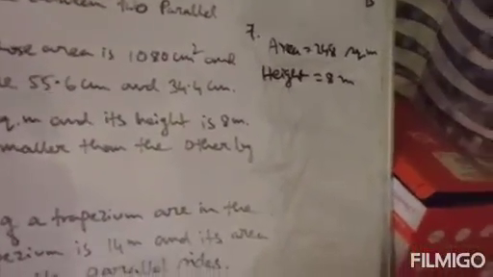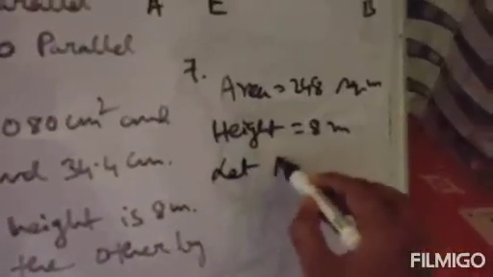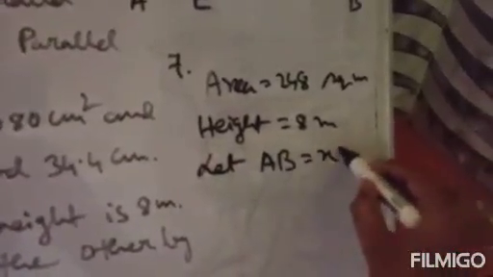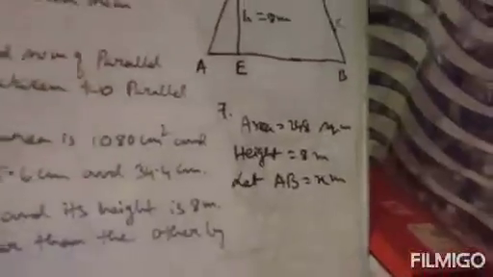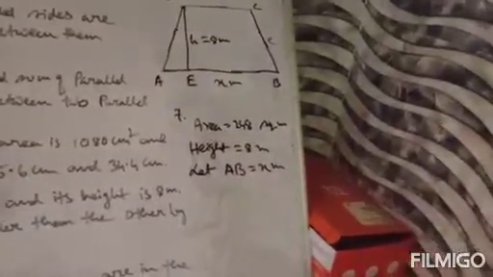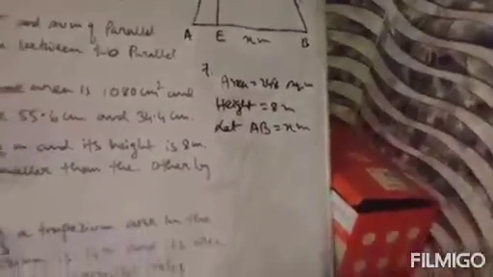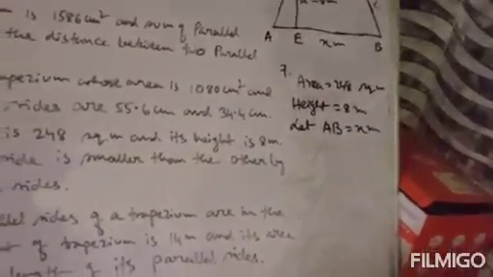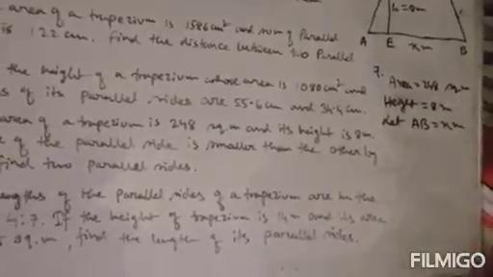Now the difference in length of the two parallel sides is 4 meter. That means let AB be x meter. So if AB is x meter, then DC will be x minus 4, because the difference of the length of the two parallel sides is 4 meter.